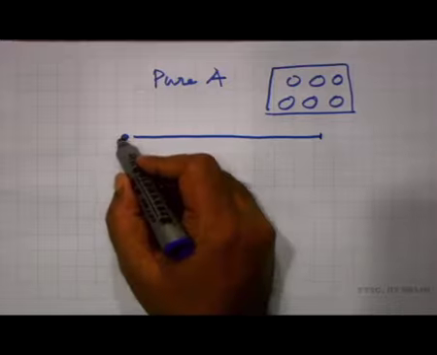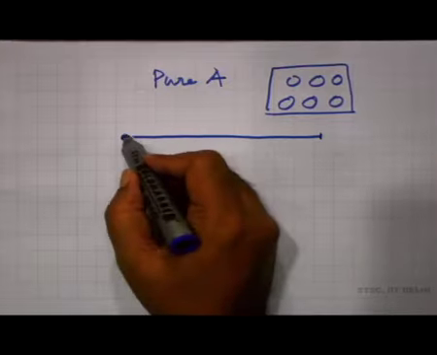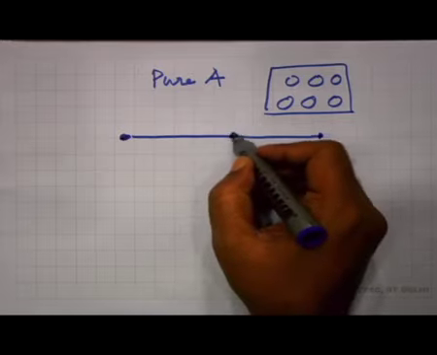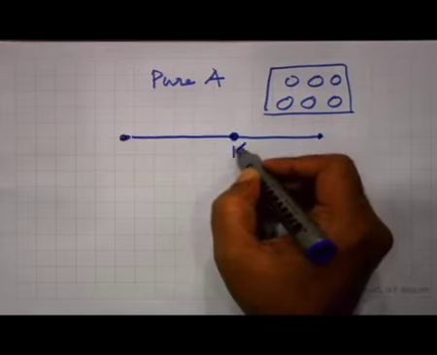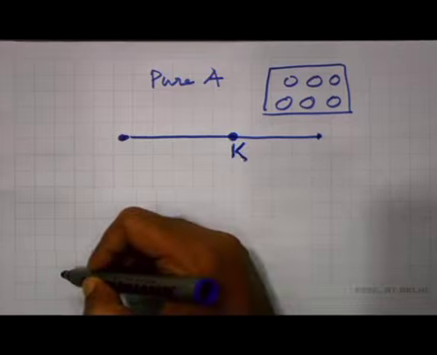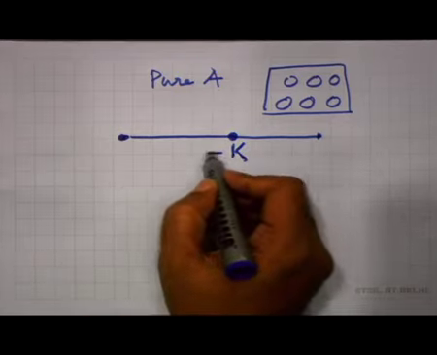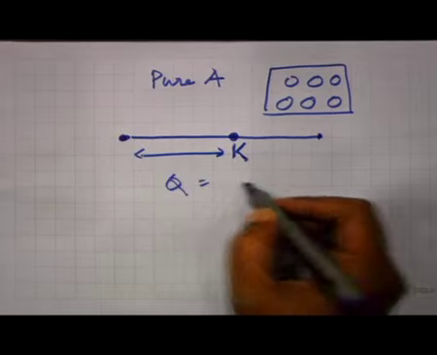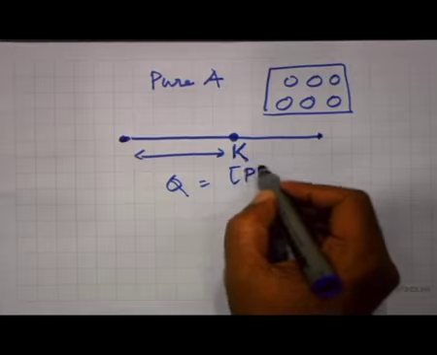Suppose the reaction is going from A to B, this is your extent of reaction, it is going from here to here, and somewhere here is the equilibrium constant. On this side, the reaction quotient is product by reactant.